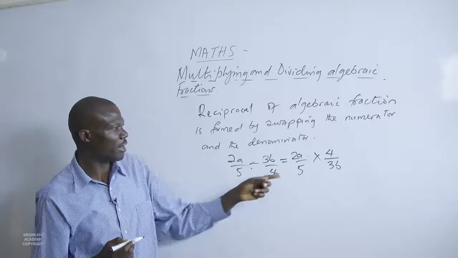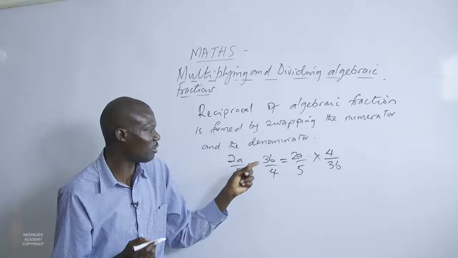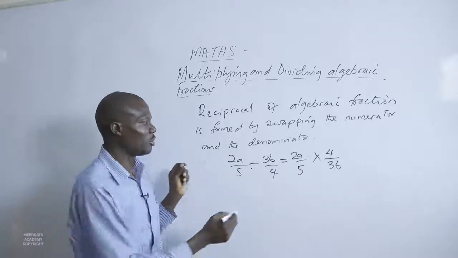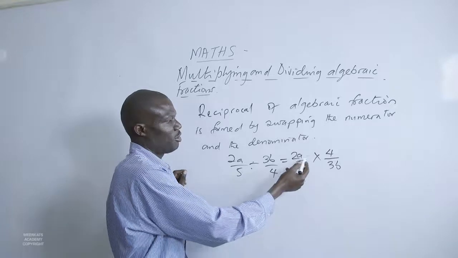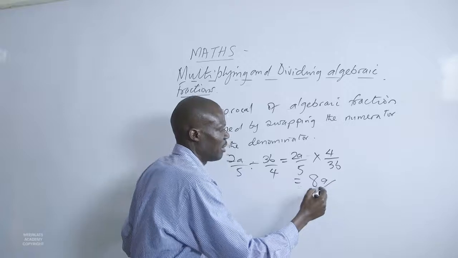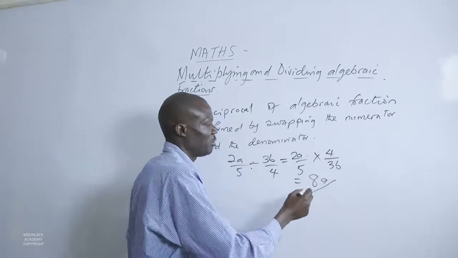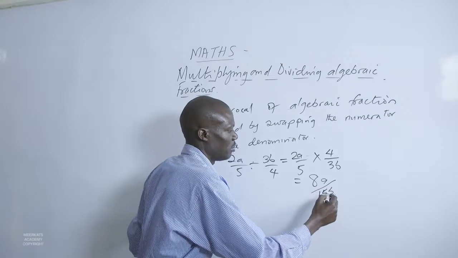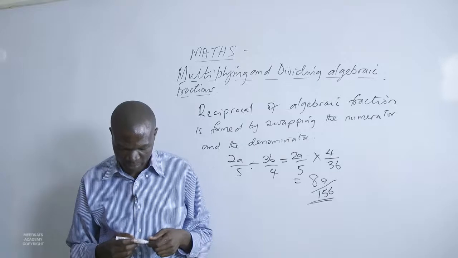So we are saying that 4 over 3b is simply the reciprocal of 3b over 4. So you can move ahead and conclude here and say 2a times 4, which gives us 8a, over 5 times 3b, which gives us 15b. This one will form our answer.